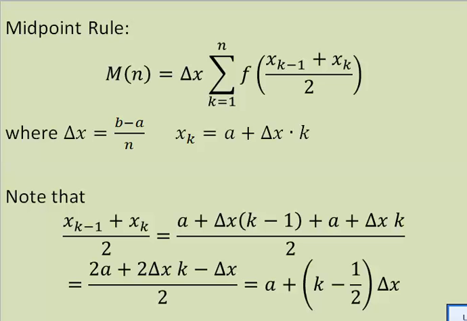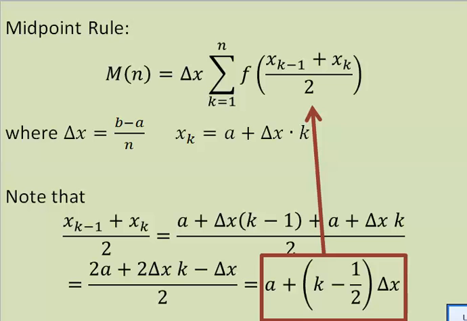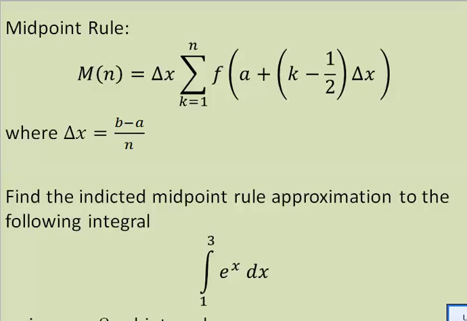And so this is what I'm going to use. Instead of f of (x sub k minus 1 plus x sub k) all over 2, I'm going to put in this formula that I have found. And so here's my midpoint rule.